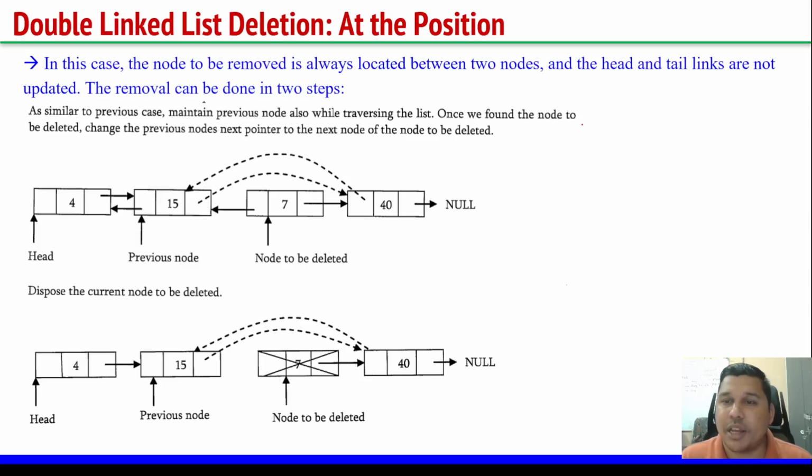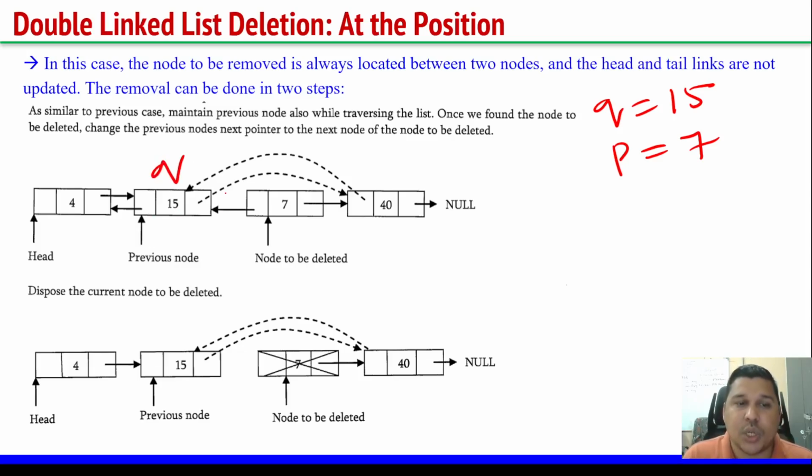Let us say Q is pointing to 15, P is pointing to 7. This is your Q, this is your P. Then P next, let me call it pn. P next is pointing to 40.